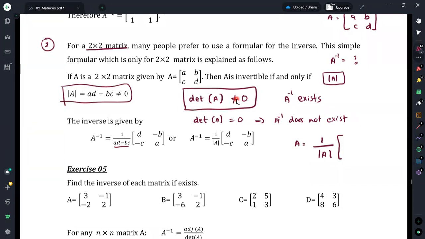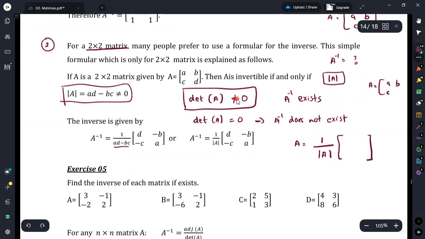If you consider simply this calculation, you will get 1 over the determinant, and then what you have to do is, for the initial matrix with the elements A, B, C, and D, interchange the places of the main diagonal elements.